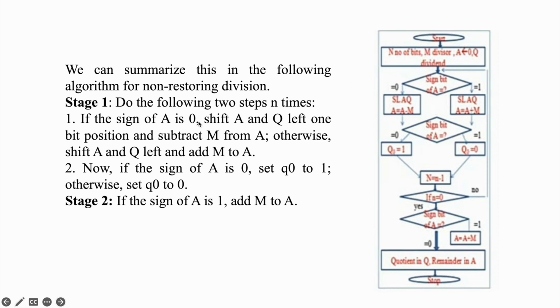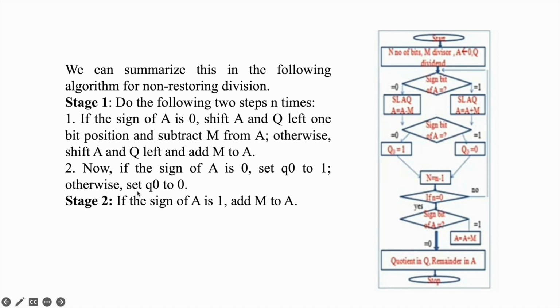These algorithms can be performed in two stages. In the first stage, for n number of steps, if the sign of A is 0, we shift left A and Q by 1 bit position and subtract M from A. If the sign bit is 1, we shift left AQ and add M. If the sign of A is 0, we set Q0, the quotient bit, as 1.